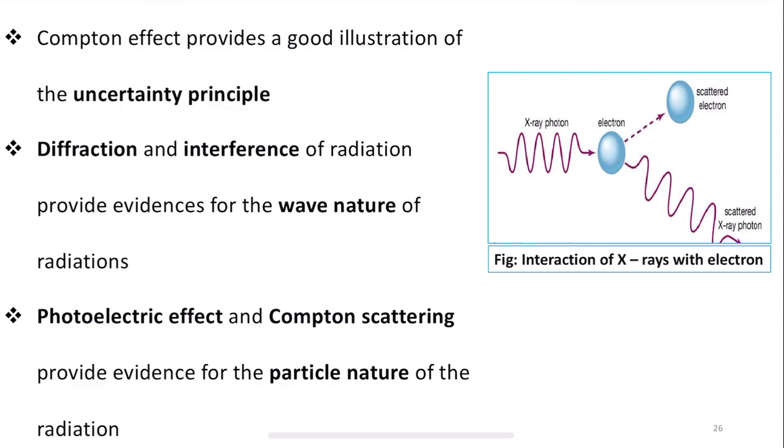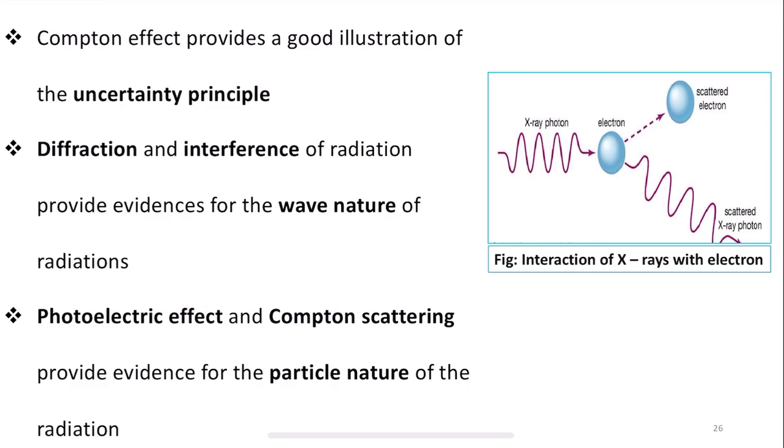So this plays a platform or basis for our further studies, where in my next class we will understand de Broglie's hypothesis. What is meant by de Broglie's hypothesis? It is just to prove the dual nature of matter and radiation. It explains that matter or radiation has dual nature.